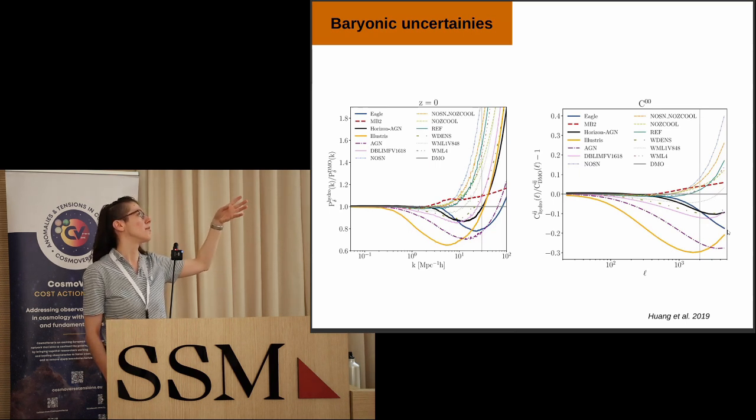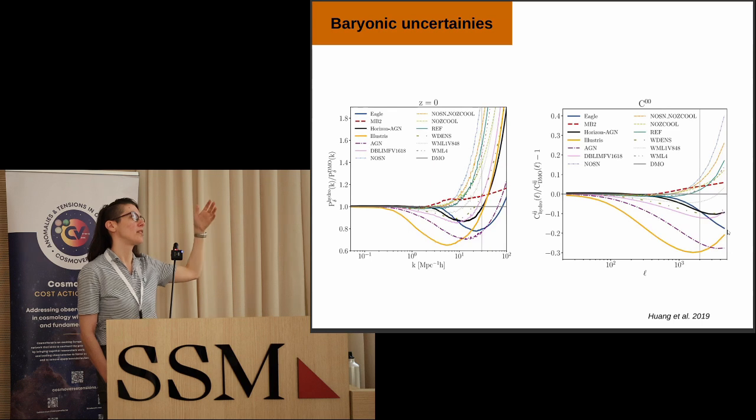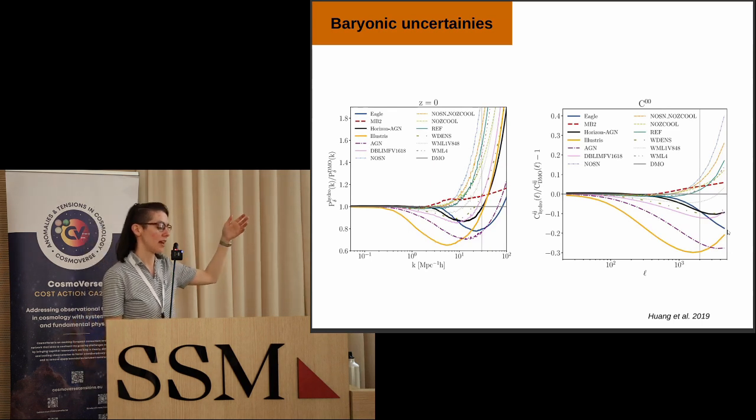So this means effects from processes like AGN feedback, for example, which is a big one. Gas physics processes that can impact the matter power spectrum at a level where we actually care about it in our weak lensing and clustering modeling, and which is going to affect our cosmological constraints. So this is just to illustrate this.